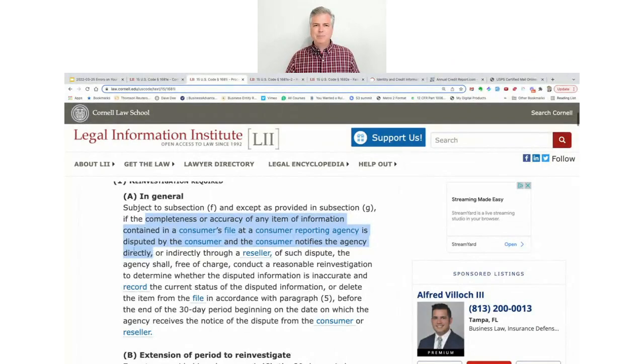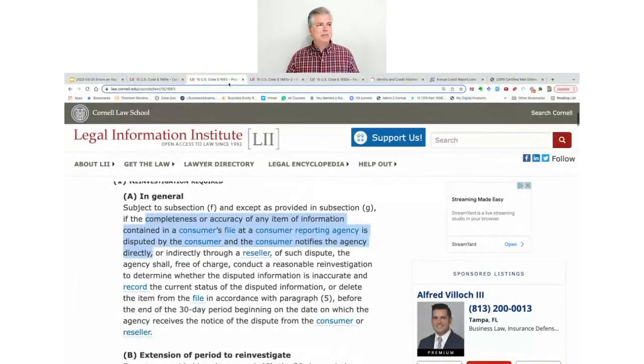So if the completeness or accuracy of any item is disputed and the consumer notifies the agency, then you get the obligation placed on the credit bureau to actually go investigate. And part of that investigation means they have to reach out to the furnisher and say, hey, the consumer disputes this. Is it right? Is it wrong? And now both the credit bureau and the furnisher have an obligation to investigate.